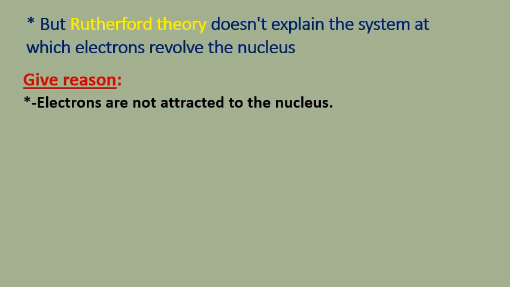Number two, centrifugal force appears due to the high velocity of the rotation of electrons around the nucleus. Okay, and now let's see a video of the Rutherford experiment for more illustration.